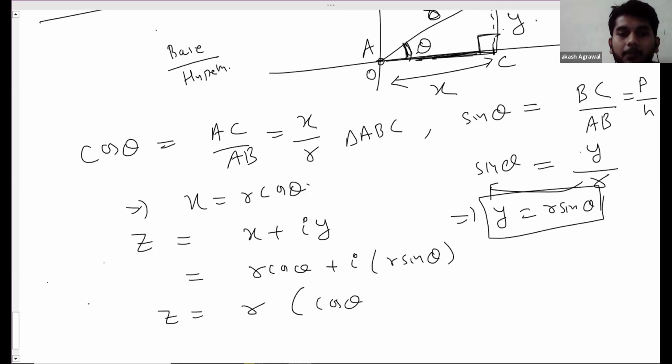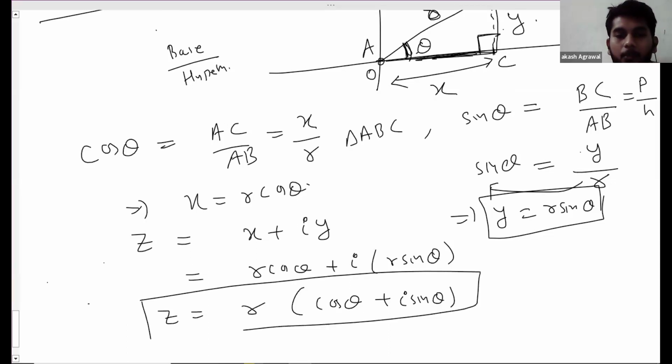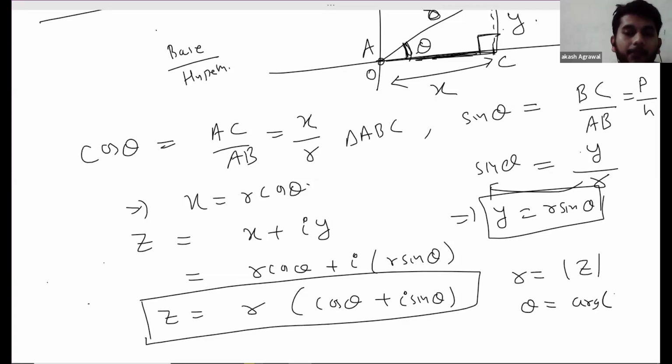This is cos theta plus I sin theta. This is called polar form, where R is mod Z, modulus of Z, and theta is argument of Z. Is it clear, everyone? Yes, sir. Please write it down, everyone.